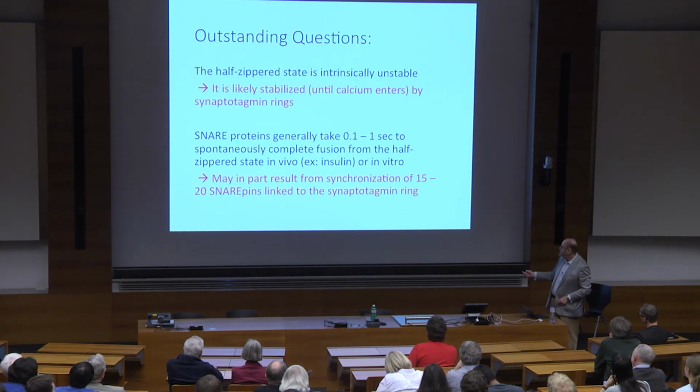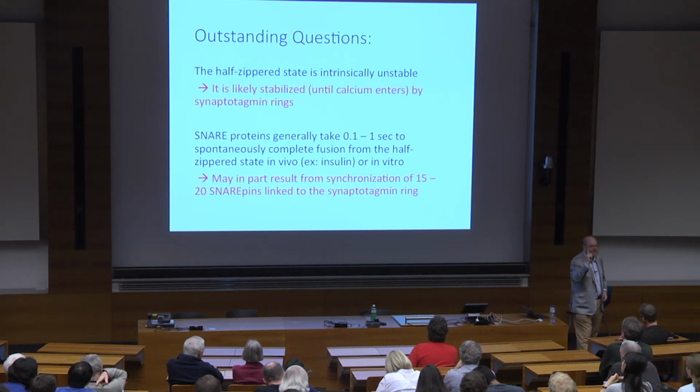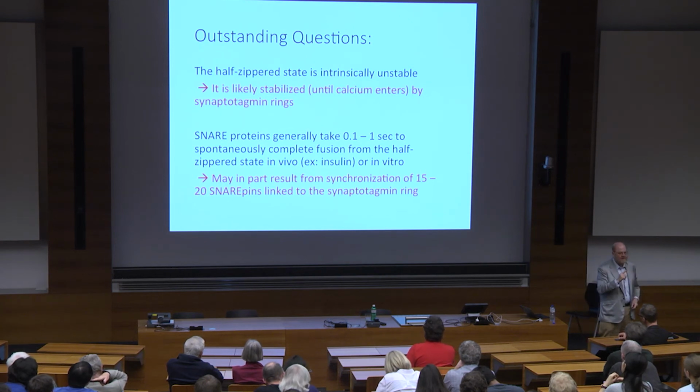How is it in the special case of synaptic transmission that these SNARE proteins can complete their fusion within a millisecond, 100 microseconds to a millisecond, whereas they're thousands of times slower in every other case? Well, I mentioned complexin, and I won't say anything further about complexin, except that complexin is obviously key to further energizing the synaptotagmin ring structure in some way or other that allows fusion to be completed very rapidly.